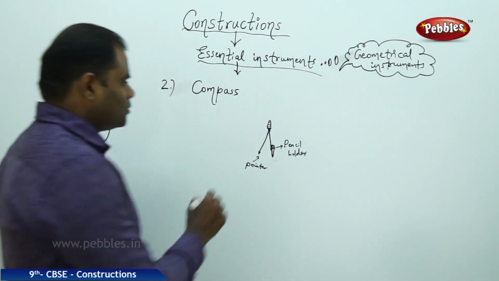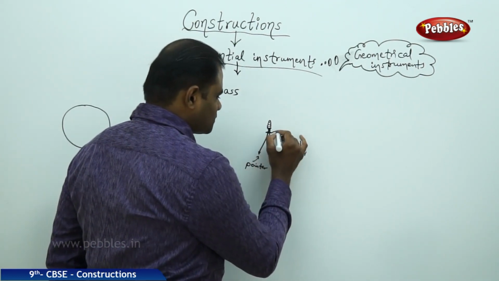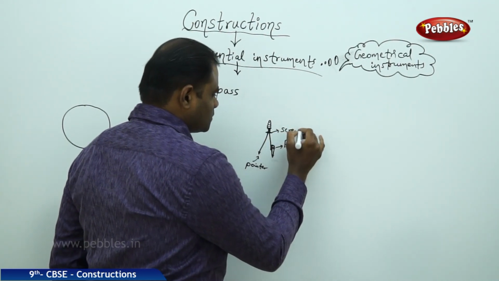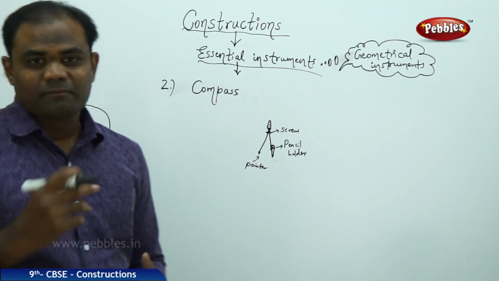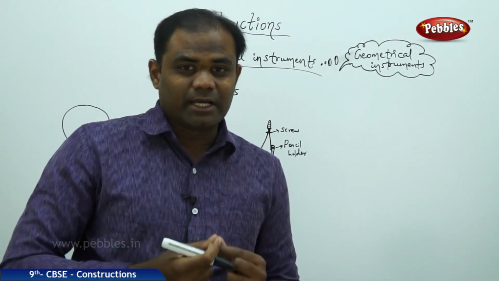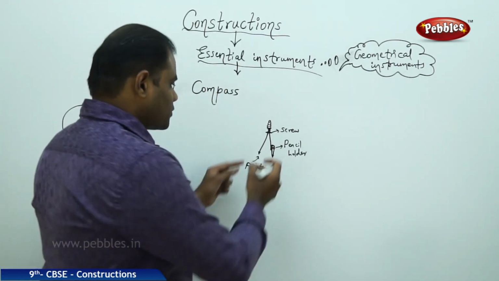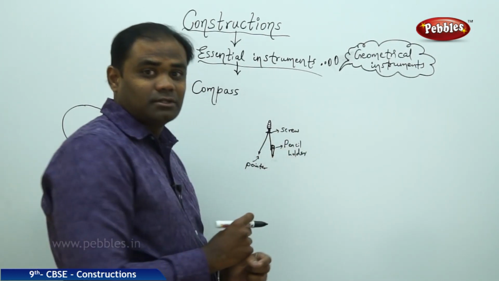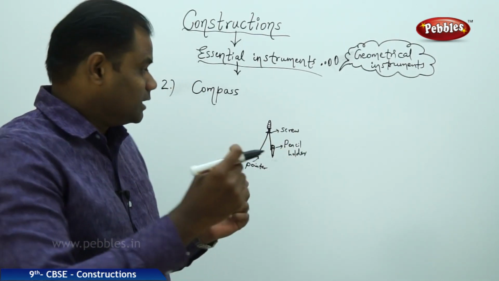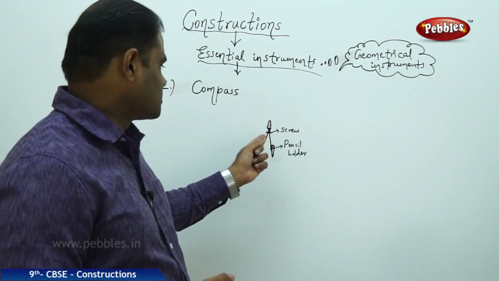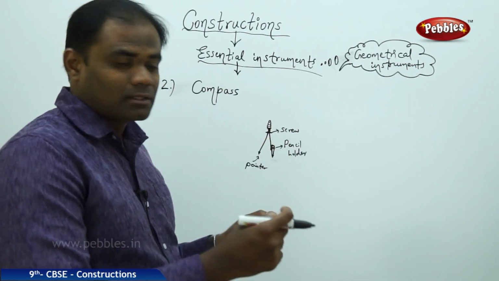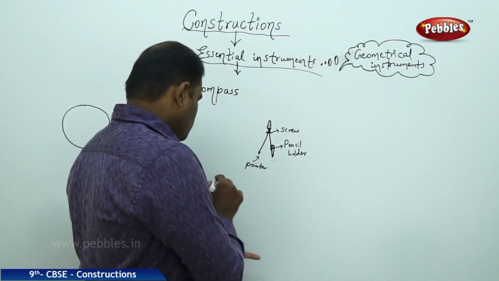And here you have a screw which can be fixed accordingly. So the screw makes it fixed so that you can make it tight or loose. Adjustment of the screw helps us in making the pointer fixed at one point.